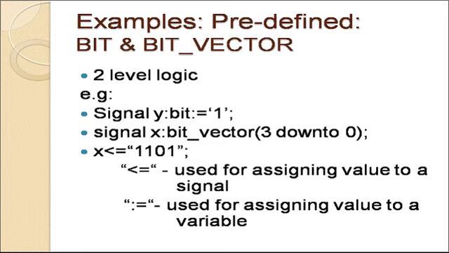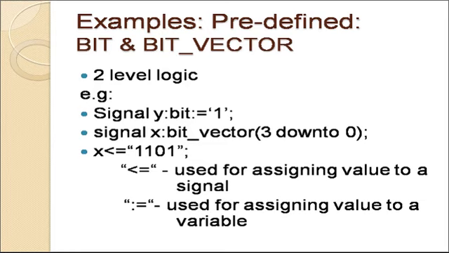Never read it as less than or equal to; read it as assigned to. Whenever you see such a symbol, less than or equal to, take care that you read it as assigned to. Here X is assigned, in double inverted commas, 1101.